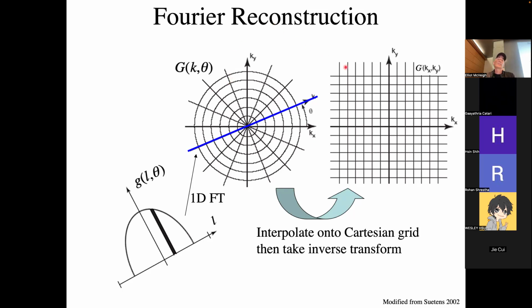One cheap way of reconstructing it, perhaps, is to interpolate these points that are in polar coordinates onto a rectilinear grid in Fourier space. They're not uniformly sampled in rectilinear Fourier space; they're sampled on all of these lines. But I could interpolate them onto a grid and then do a 2D discrete Fourier transform to get the image.